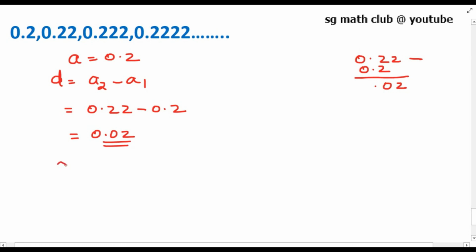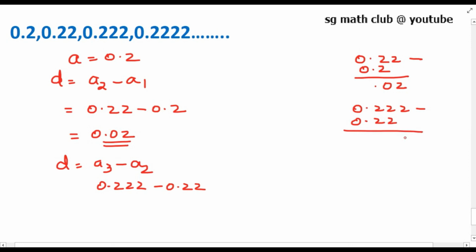Again D equal to A3 minus A2, it is 0.222 minus 0.22. When you subtract this, you have 0.002. So here the common difference is not constant.